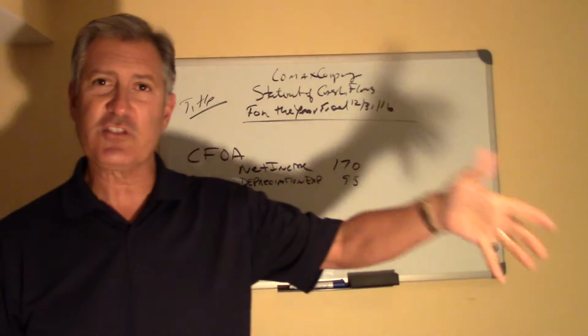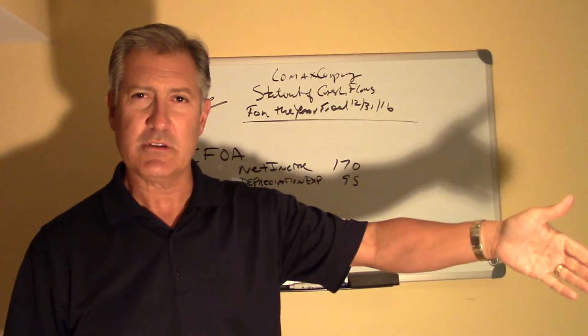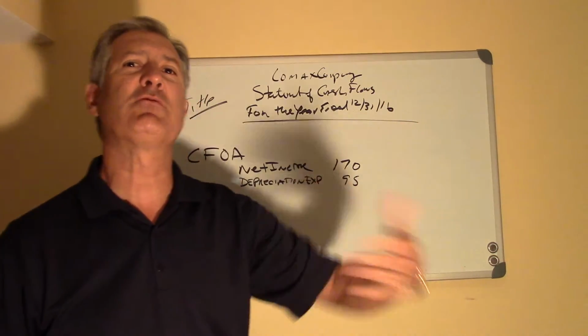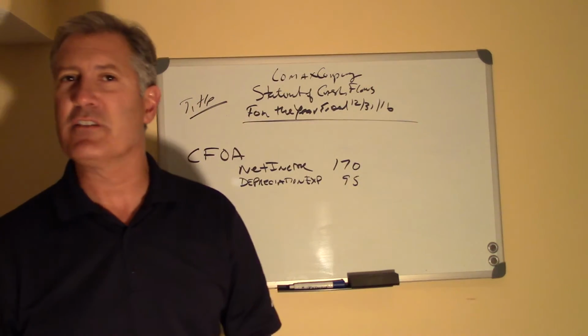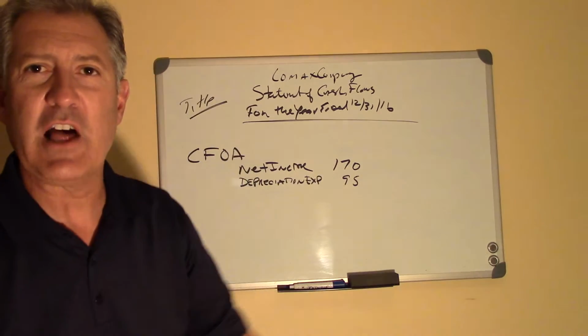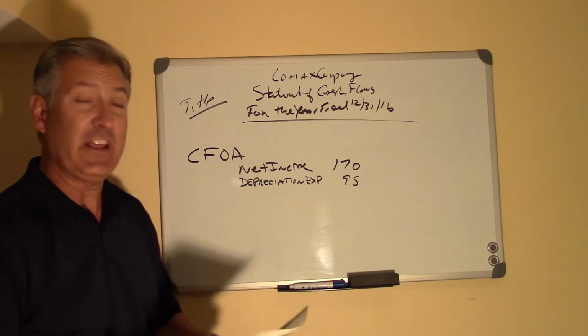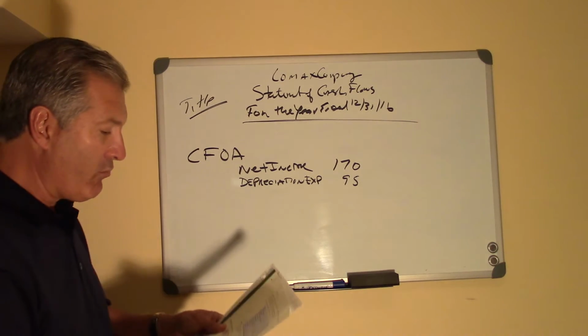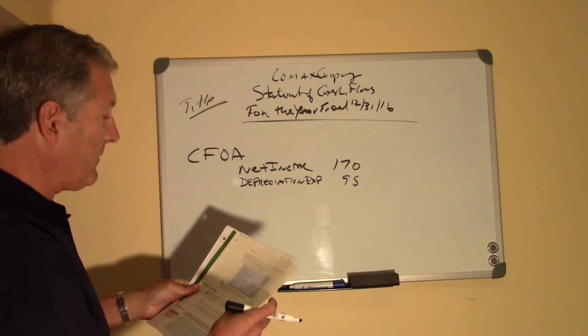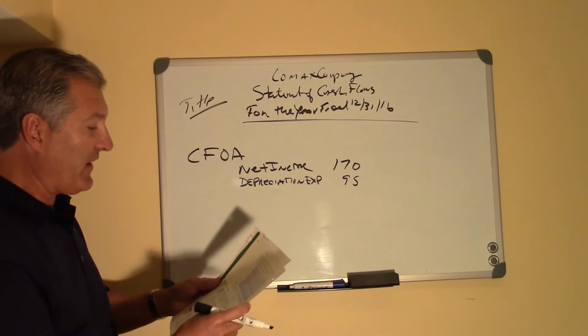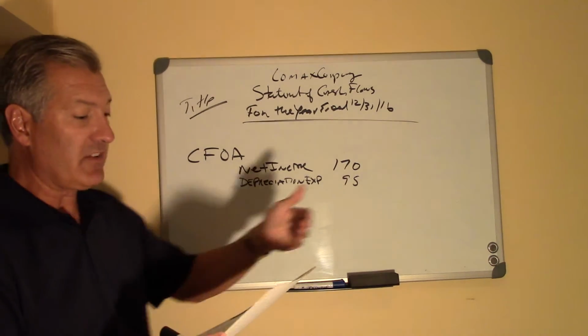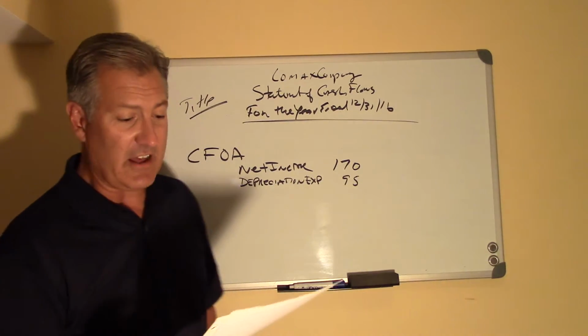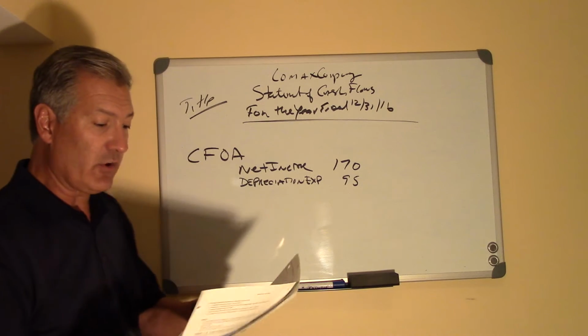So if a company sold an asset for cash, they received the cash, subtract the book value, that is the gain or loss. What we want to do is neutralize that gain or loss that's on the income statement, because it is really not the cash impact. When we look at this income statement on page 596, there is a gain on the sale of investments of $60,000, and there's a loss on the sale of equipment.